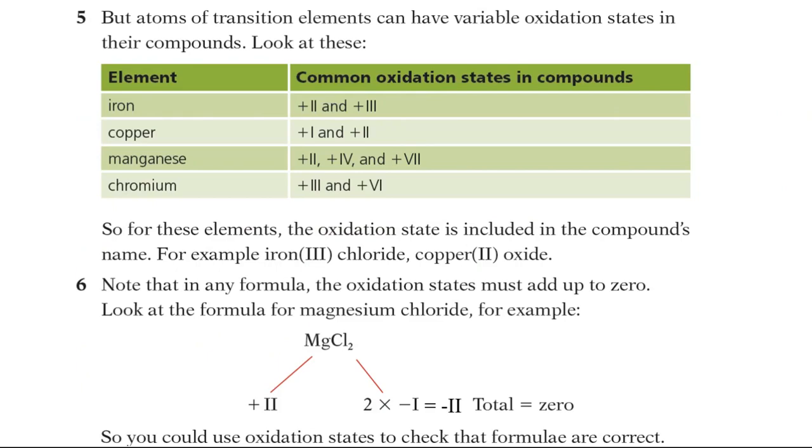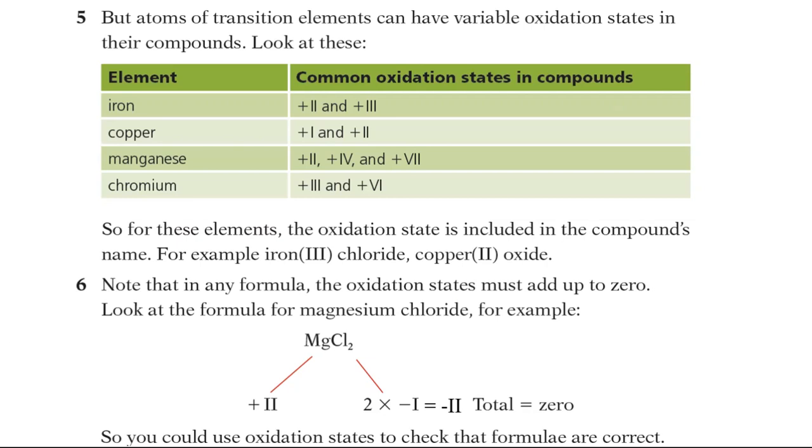Rule number 5. But atoms of transition elements can have variable oxidation states in their compounds. Look at this table. Iron is a transition element. Its oxidation state in compounds may be +2 or +3 depending on which other element it combines with.